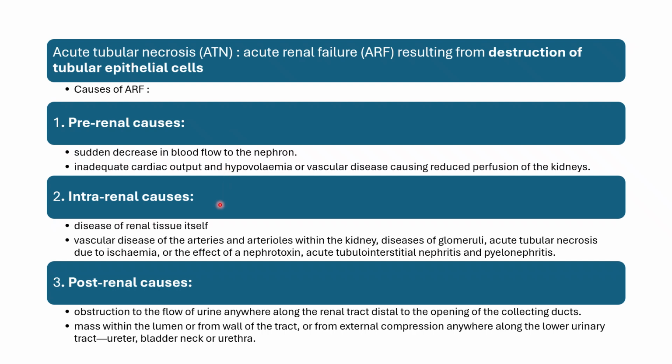Intrarenal or simply renal causes are due to vascular disease of the arteries and arterioles within the kidney, disease of the glomeruli, acute tubular necrosis due to ischemia or nephrotoxins, acute tubulointerstitial nephritis or pyelonephritis. In pre-renal we have other causes like reduced cardiac output, hypovolemia and vascular disease. Post-renal causes are mainly due to obstruction.